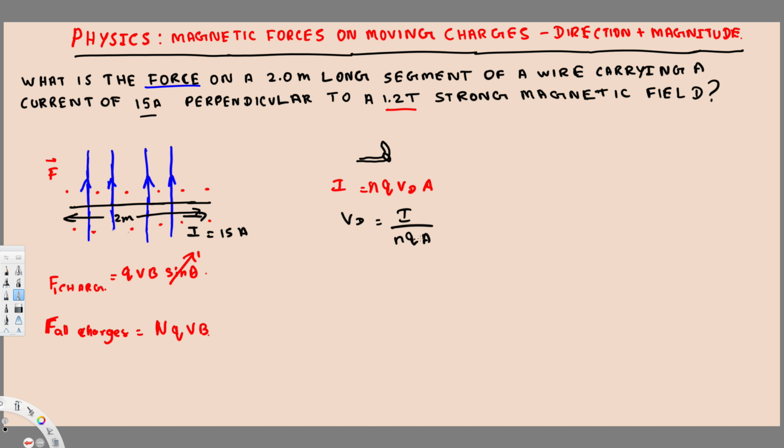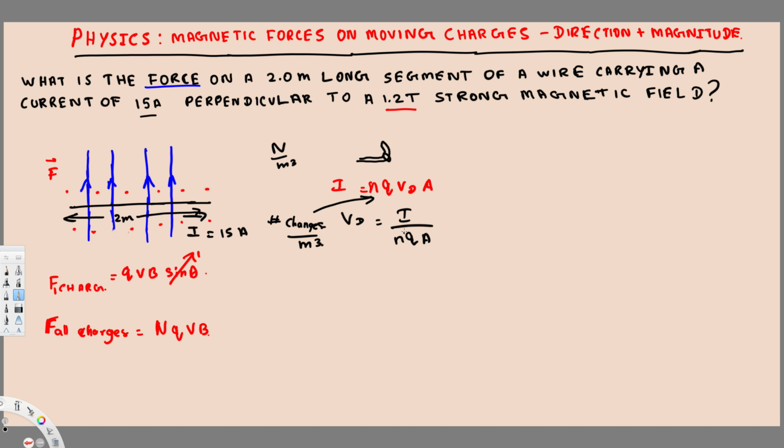Now let's replace this value with this one. Actually here this N is the number of charges per meter cube, that we have to remember, and that is the same as this capital N. So let's leave it like this for now and then put it here.